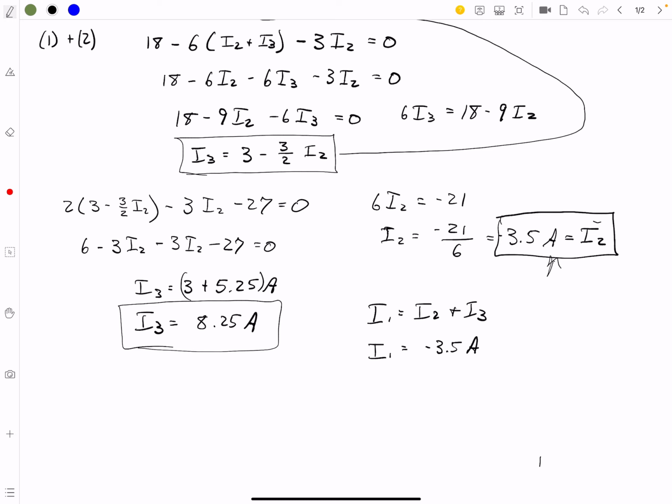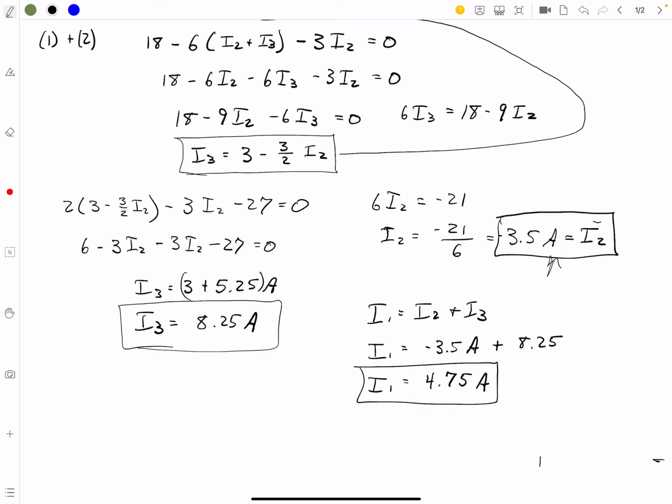So in our consistency, we have to keep that negative for the time being, even though we know that it's a positive current going in the other direction, but our equations were derived showing it in that direction, so we have to keep with it. So then I3 is 8.25 positive. That leaves us with I1 equal to 4.75 amps.